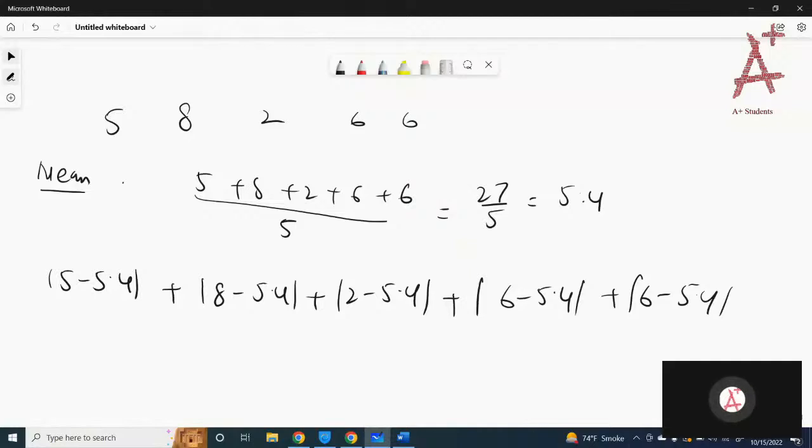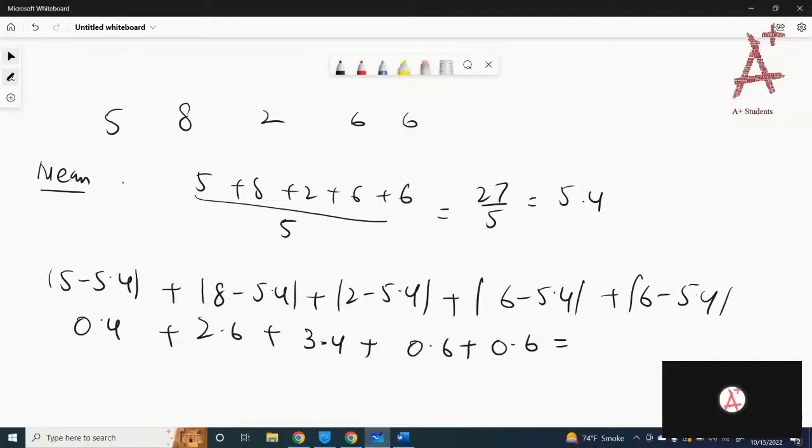Just subtract them. 5 minus 5.4 is negative 0.4, but it's an absolute value, so it would be positive. 8 minus 5.4 is 2.6, 2 minus 5.4 is 3.4, then 6 minus 5.4 is 0.6 and 0.6.